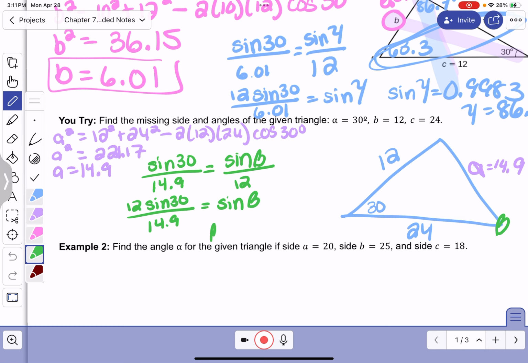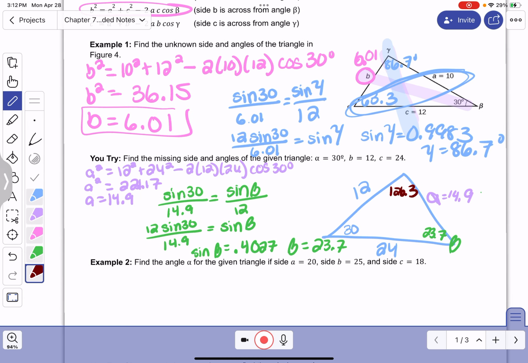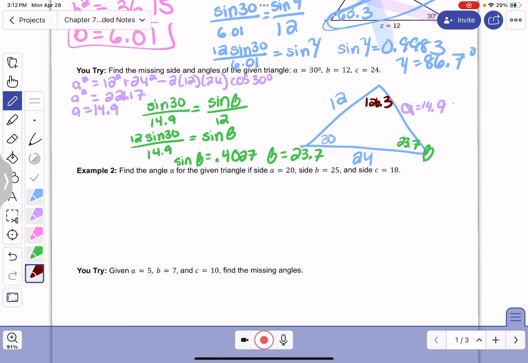If I did that, sine beta equals 0.4027, telling us that beta is 23.7. And then we subtract the other two from 180 and get 126.3. So pretty straightforward, and then we revert back to sine. I'm going to show you why we revert back to sine. Because when you're looking for the angles, it's not harder, there's just more pieces.